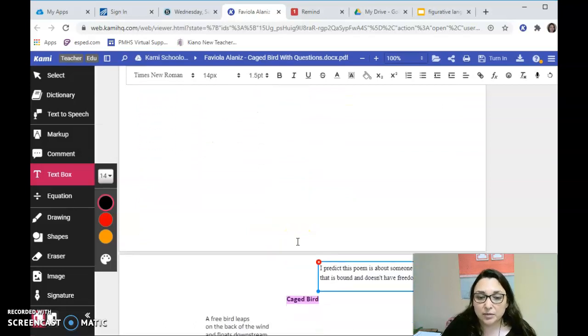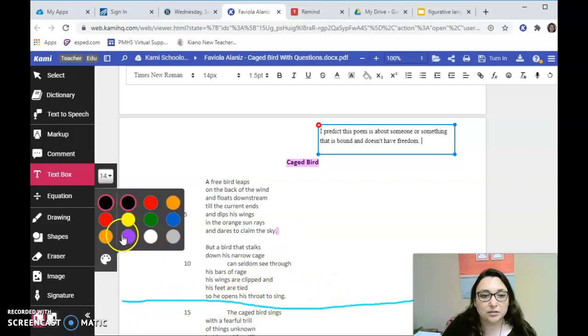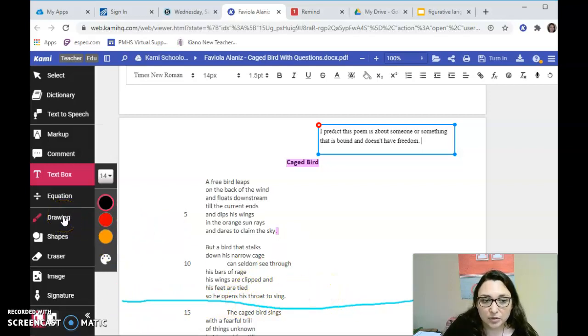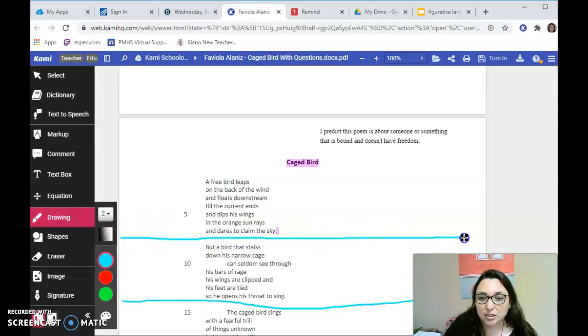So now that we're ready, we know what we need to be looking for and what we need to be doing. We're going to go ahead and start reading our poem. As you notice, I have a line going across here. And I like to do that because I like to separate. I'm going to grab my drawing tool. And I like to separate my stanzas because I'm chunking my poems.